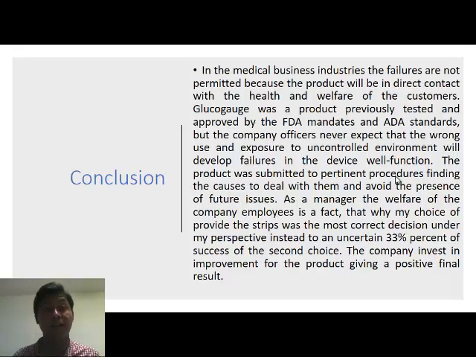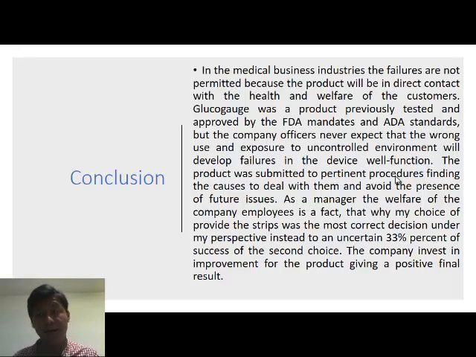That's why my choice was the first one, which consists of providing a 3-month supply of strips, instead of using the second option, which in my perspective was uncertain because it gave me a 33% probability of success. That would be playing with the welfare of my employees.